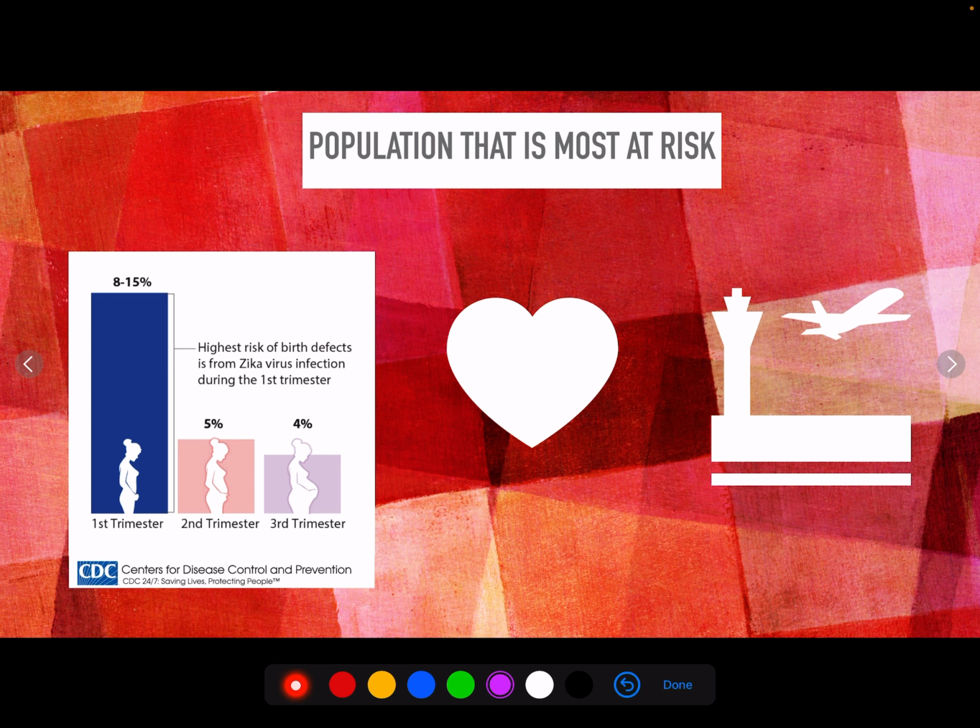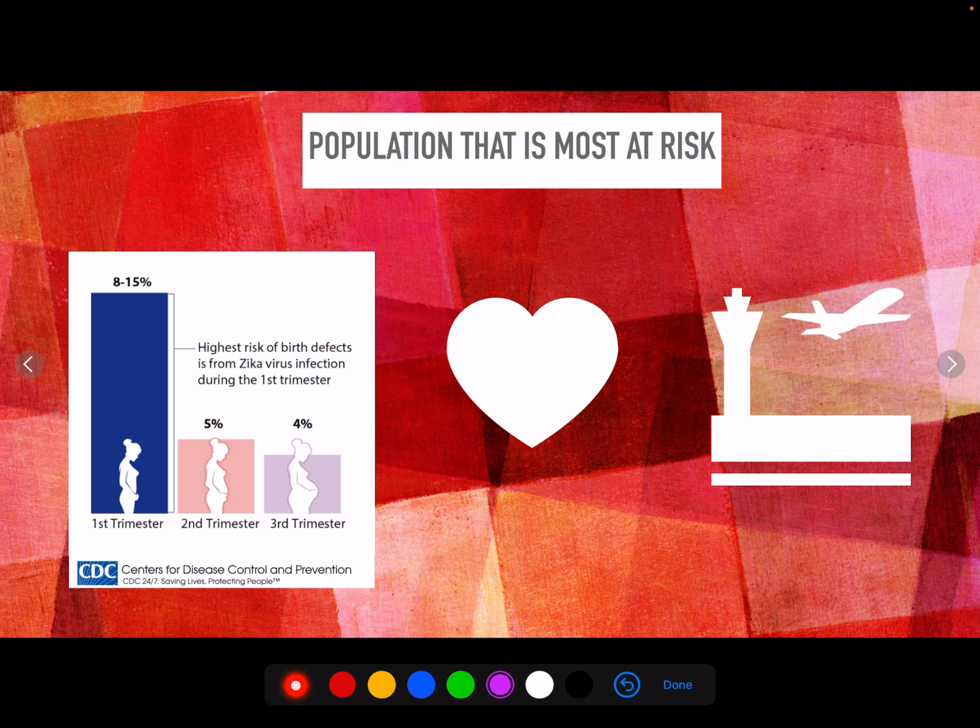Another group at risk are the babies, the fetuses before they're born. They've noticed that once they are born, they develop certain defects like smaller heads, brain damage, and also vision or eye damage.